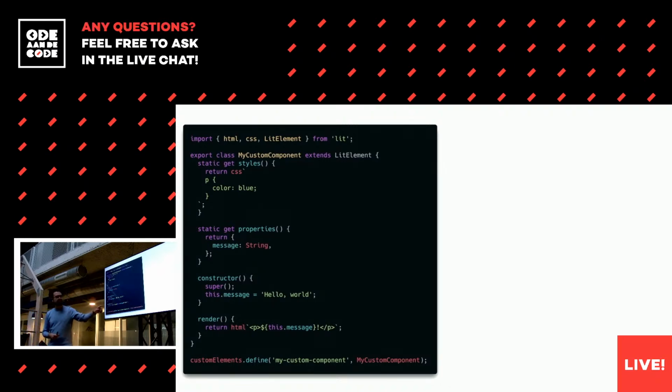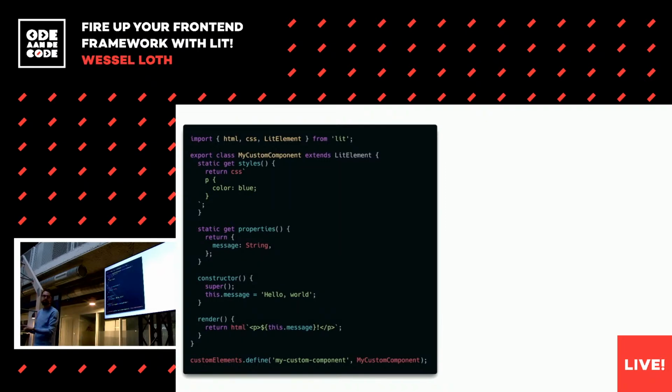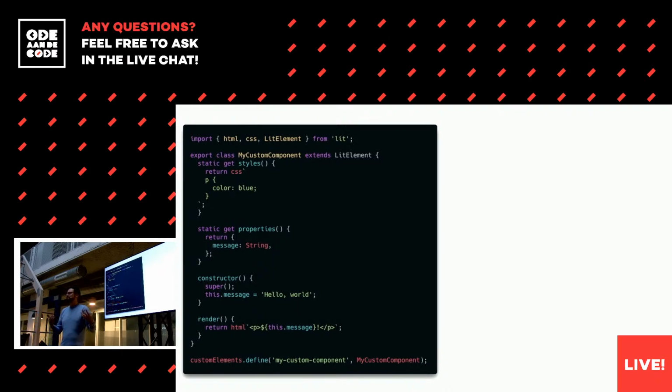And finally, there's the render function, which returns HTML. So this might be a bit familiar for those using React, but the old style, where you were using class-based React, you would also have a render function, and it would return JSX, which in the end gets compiled to JavaScript rendering HTML. But here, there's not really that much magic going on, because actually this part of the HTML is just a string.